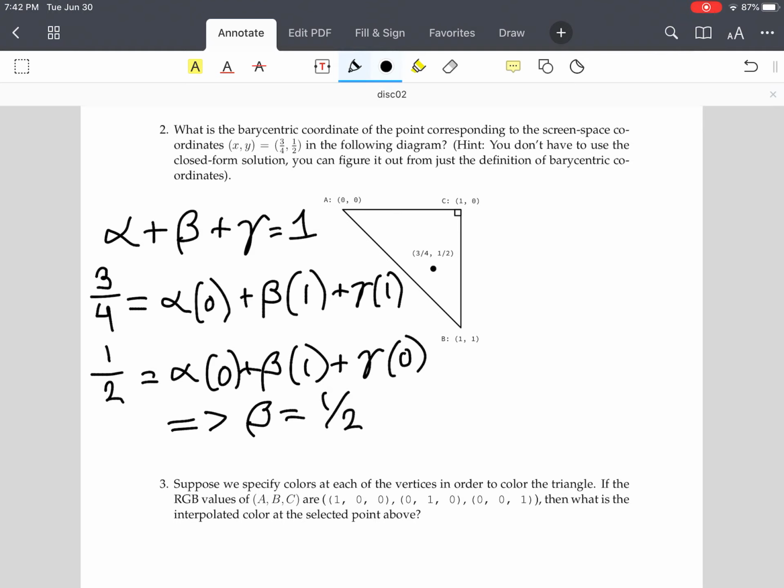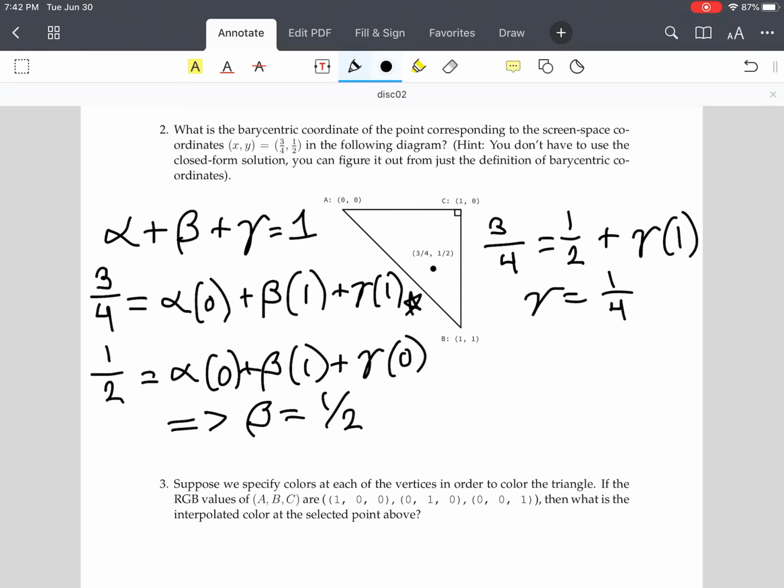And now that we know beta is equal to 1/2, we can rewrite the x equation over here. So 3/4 is equal to 1/2 plus gamma times 1. And if we subtract 1/2 from both sides, we get gamma is equal to 1/4.